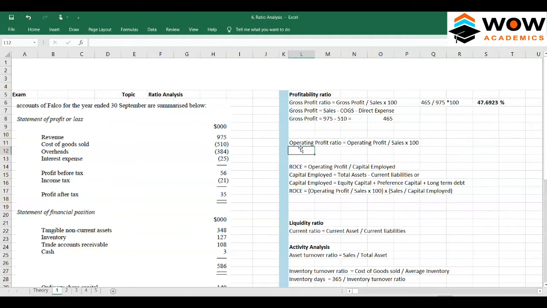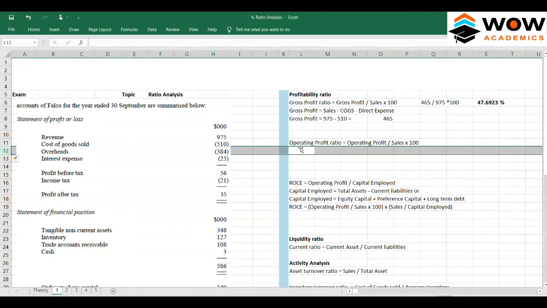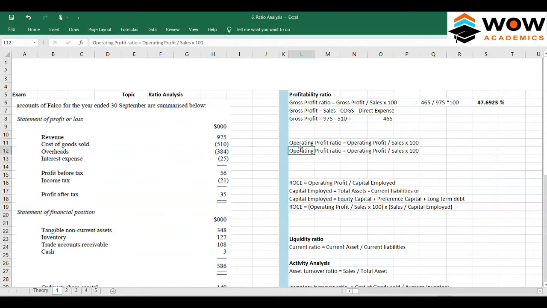Next we'll move on to operating profit. Operating profit is not directly available, so what we could do is take the gross profit and from that deduct the indirect expenses. If we deduct, we'll get the operating profit.